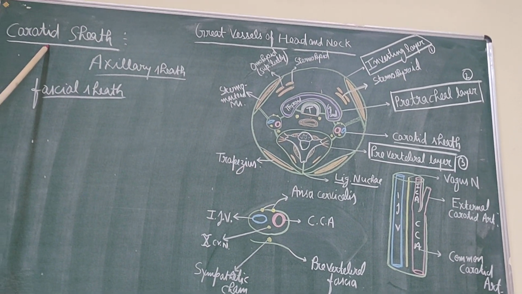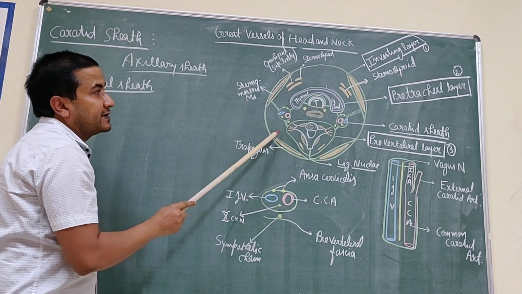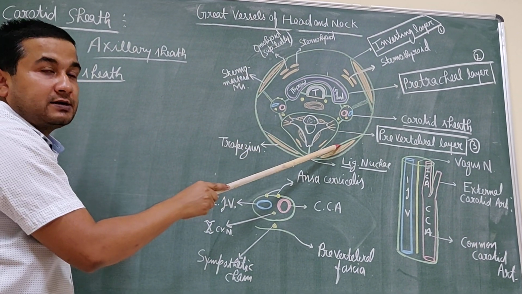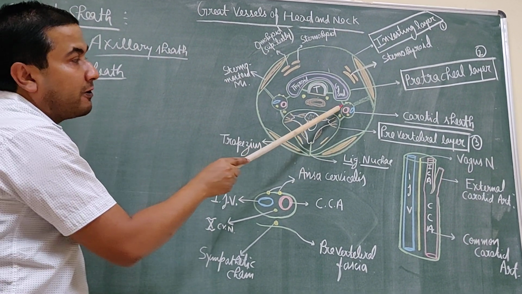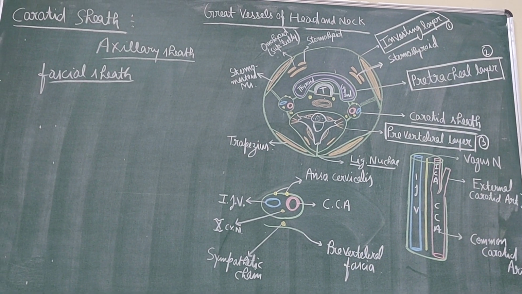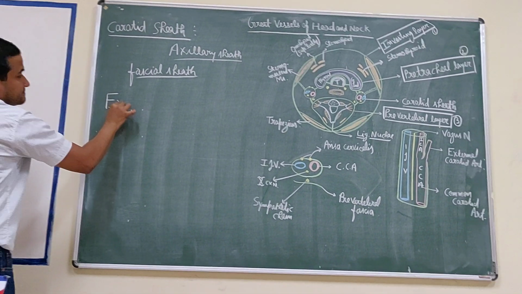This carotid sheath is derived from these three fascia; the investing, pretracheal and prevertebral layers participate in the formation of the carotid sheath. Now, where is the extension?